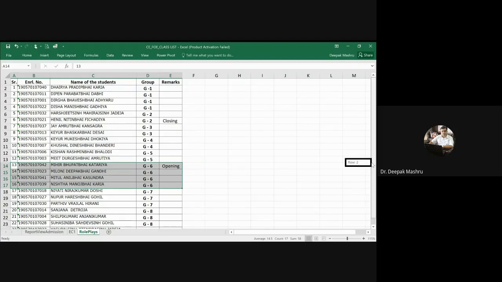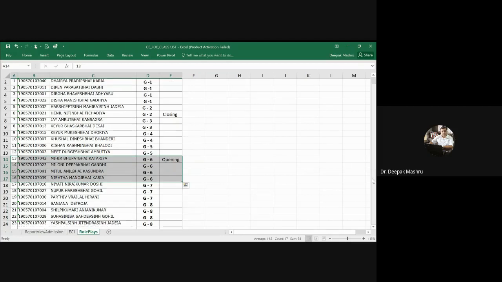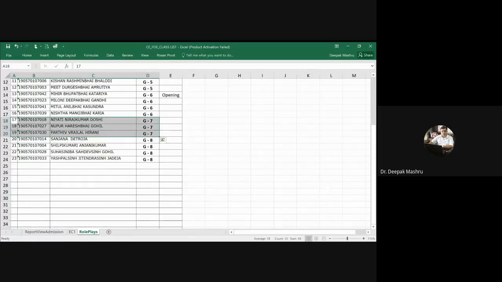For group number 7, Niyati, Nupur and Parthi. These 3 students would be in group number 7. And the last group would be of 4 students. In that group you will find the members with enrollment numbers 14, 4, 28, 33: Sanjana, Shilpi, Suhasini and Yashpal.